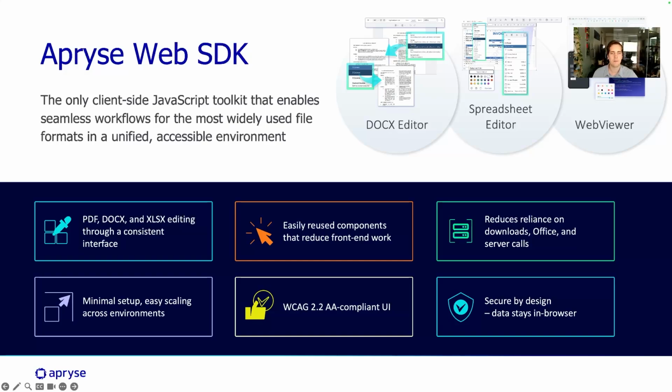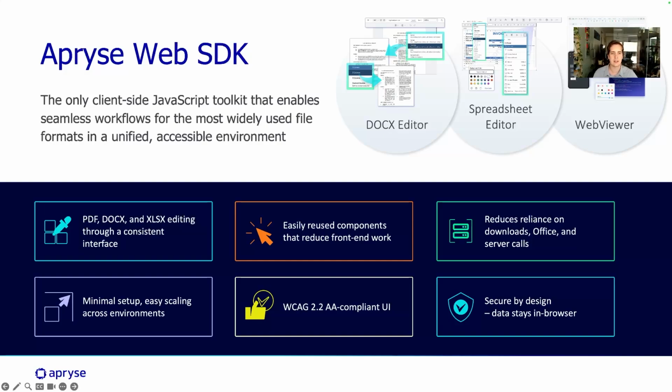And because we've built this as a unified Web SDK, it's going to reuse components across the different types of editors. So WebViewer is a canvas-based editor, meaning that content is unstructured, floating around, how you would expect to see it within a PDF. But DocX and Spreadsheet Editor are these DOM-based editors that allow you to edit content directly within it as if it was a processor.